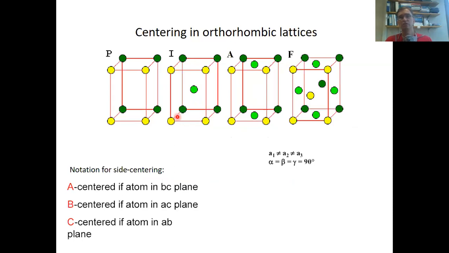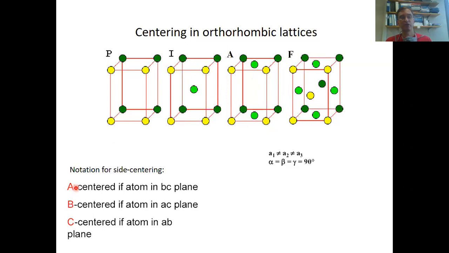All right, so now what about the orthorhombic crystal system? In this case, we have 4 possibilities. We can either have the primitive cell, we can have the I-centered cell, we can have the F-centered cell. But in this case, we also have an A-centered cell. So that means that in this case, we do not center all the faces that we have available, but only 2 opposite ones.